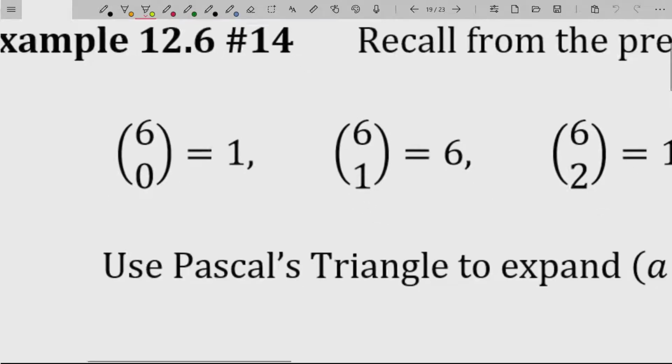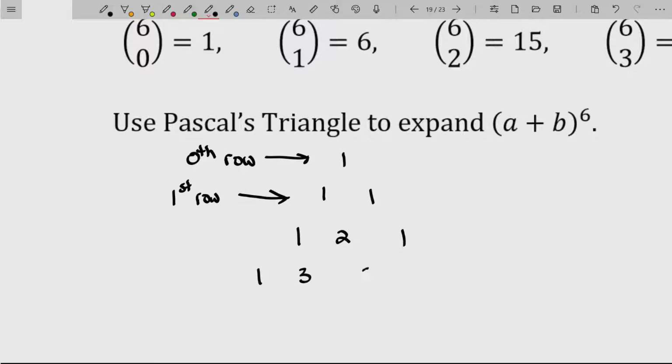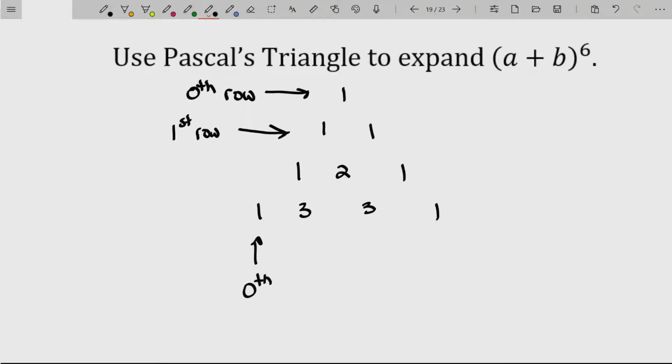So in Pascal's triangle, remember I had mentioned the first time, when you create Pascal's triangle, we're going to call this row the 0th row, and therefore this will be the first row. We're also going to call the first position in any given row the 0th position.